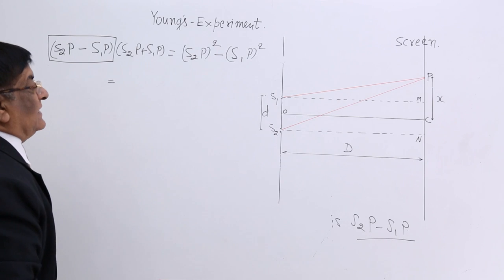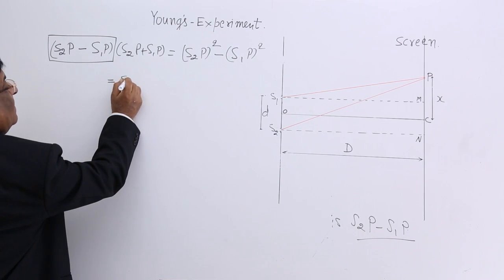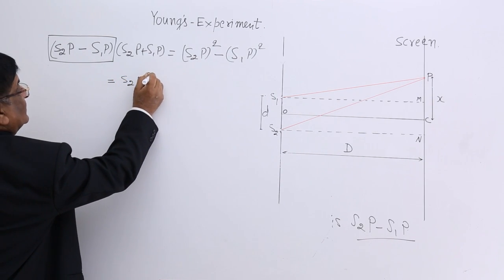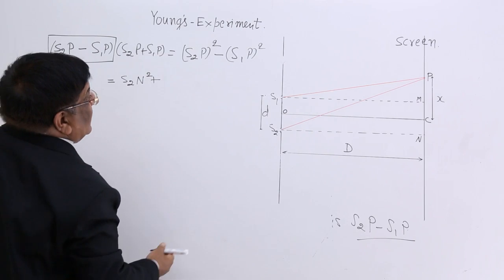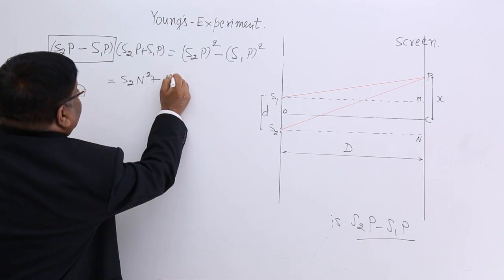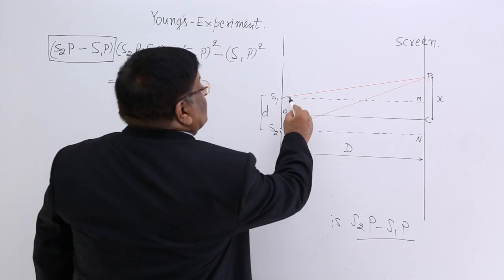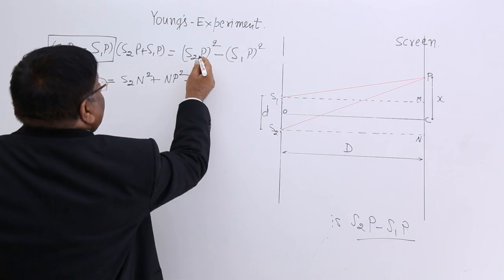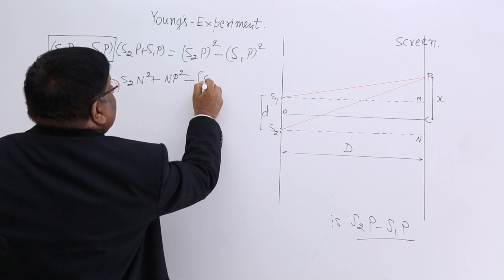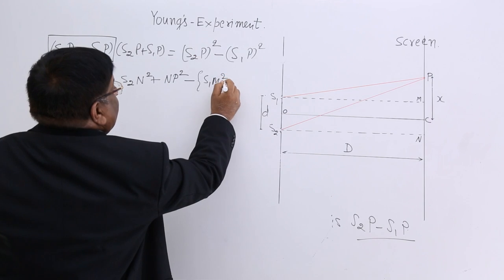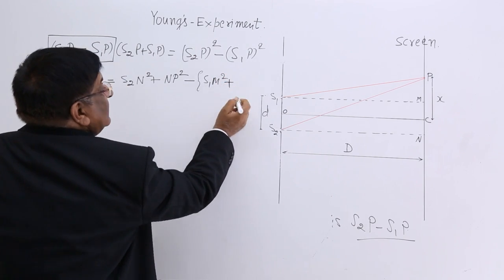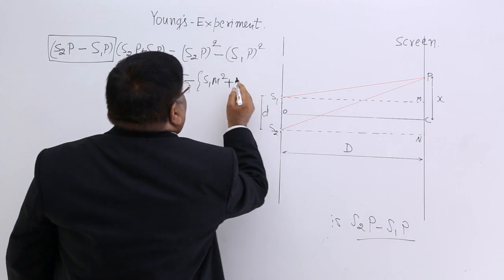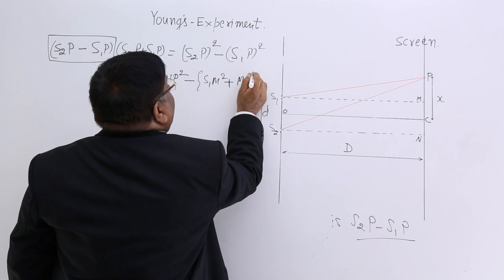So that is S2N square plus NP square, minus S1P square, which is equal to S1M square plus MP square.